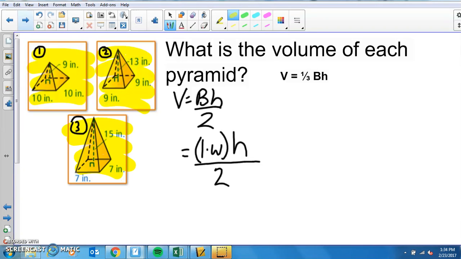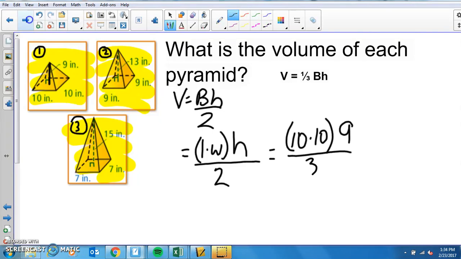And I'm going to do the first one for you, so that way you'll only have to do 2 and 3. So our length and width on number 1 is 10 and 10. So I'm going to do 10 times 10. Our height, as you can see, our height right here is 9. So our lowercase h in the formula is going to be a 9. And then we're going to divide all of that by 3.